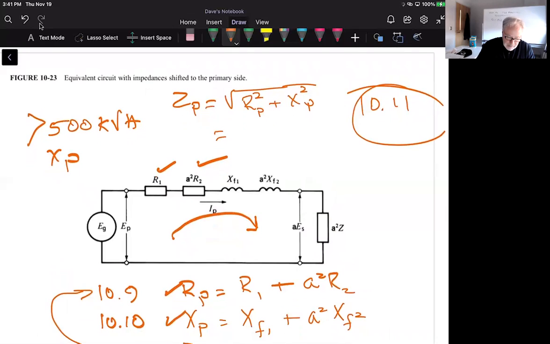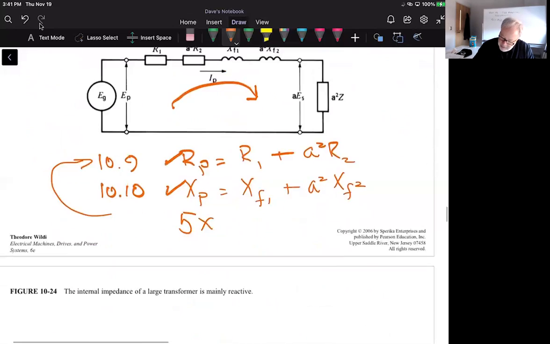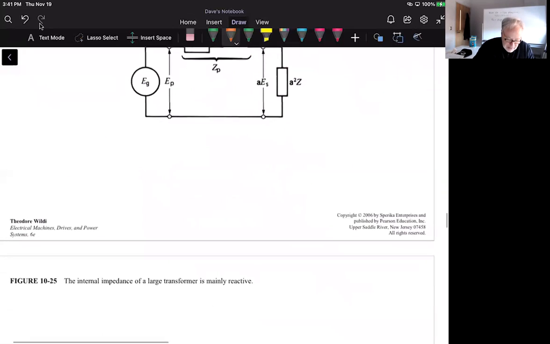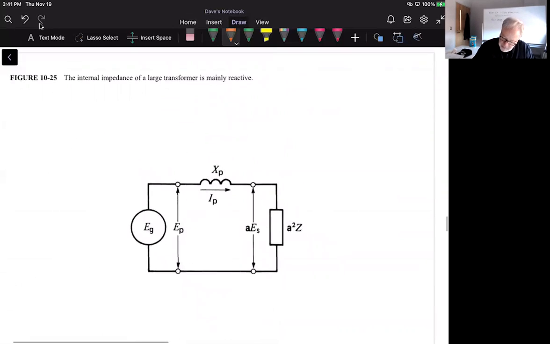Okay, so I kind of left off a thing here. 10-24. I don't see that on here. I see 10-25. But anyway, he says, I'll go to 10-24. It says the internal impedance of a large transformer is primarily reactive. So this is 5 times this, which leads us to 10-25.